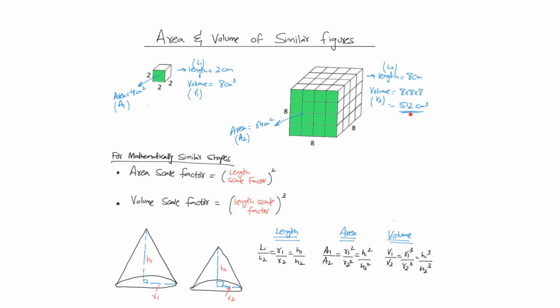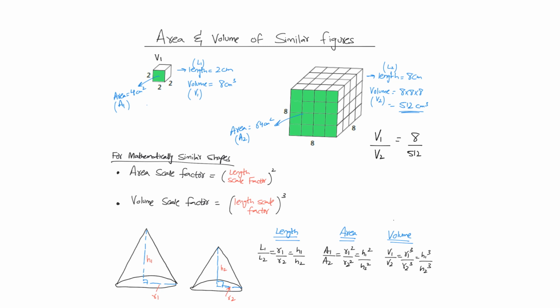get 512. Okay. Now if you were asked to write down the ratio of the volume V1 over V2, you would have written 8 over 512, right?